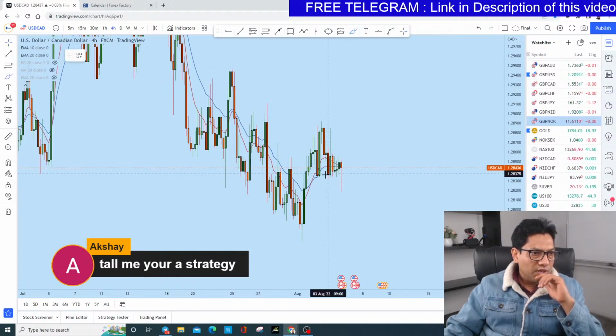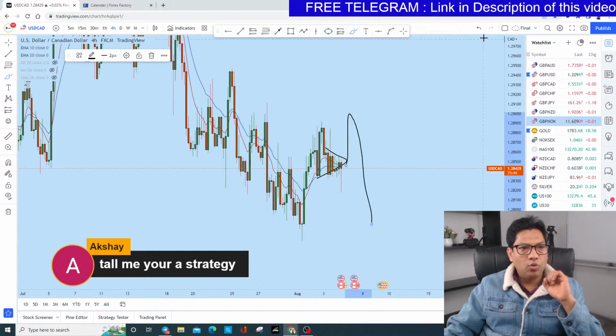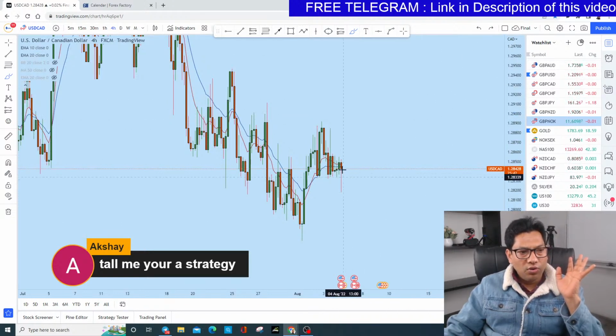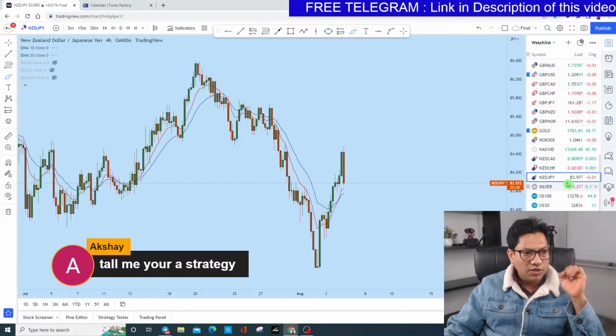Because it has broken this support, the price is again going up, closing inside this triangle. We might see an uprise and then a drop. So for now, there is nothing to trade on USD CAD. Let's leave it and see how this goes.